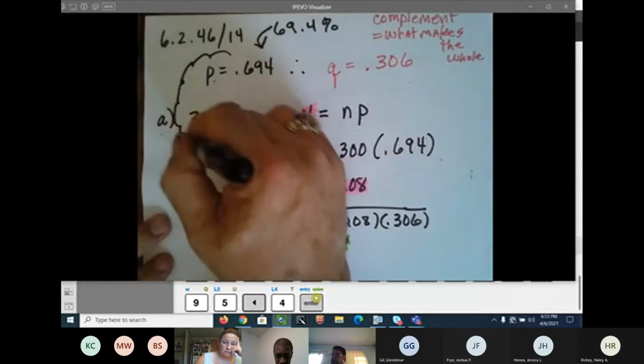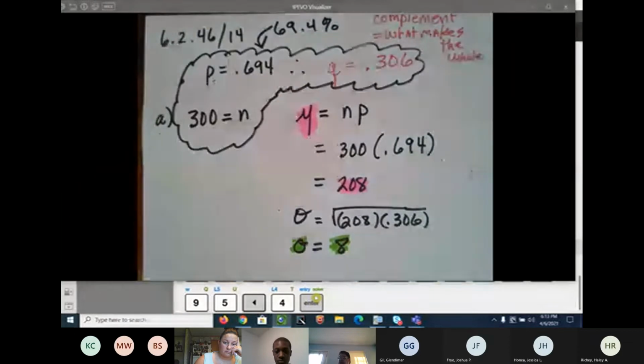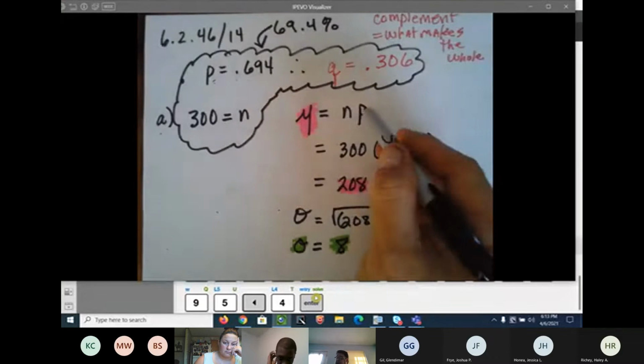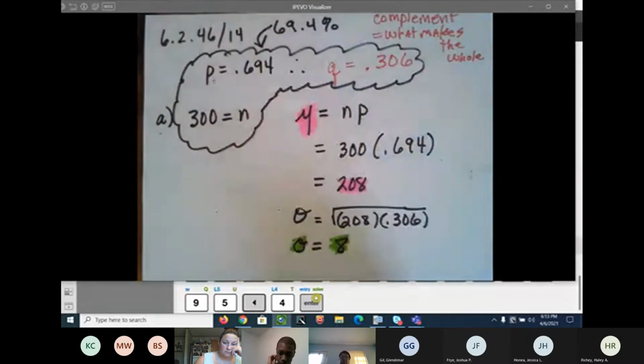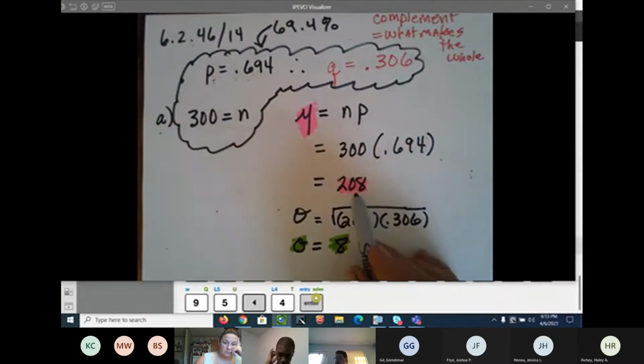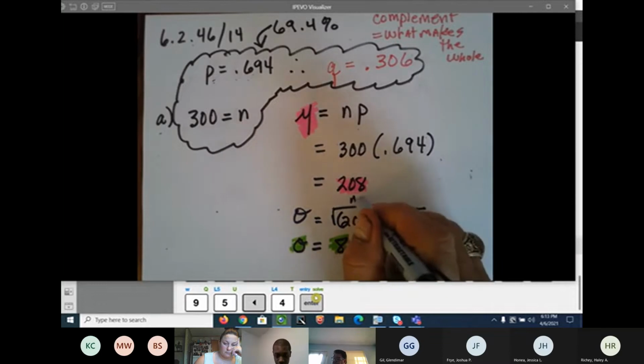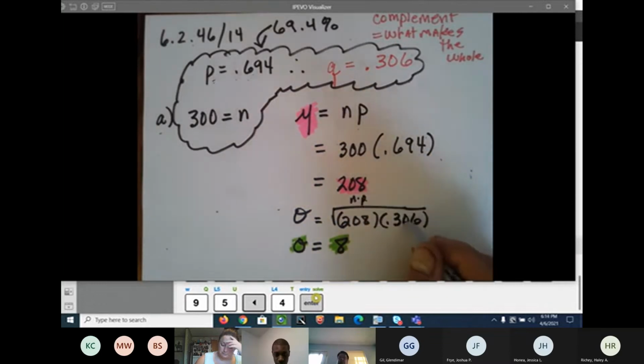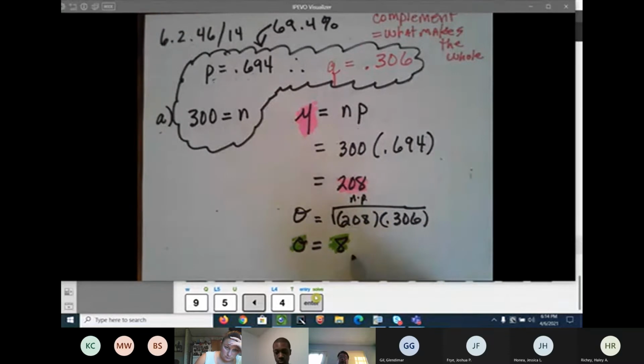Plug and chug. N is 300 and P is 0.694, and that equals 208. And then 208, that's N times P, times Q, and take the square root, you come out with 8.